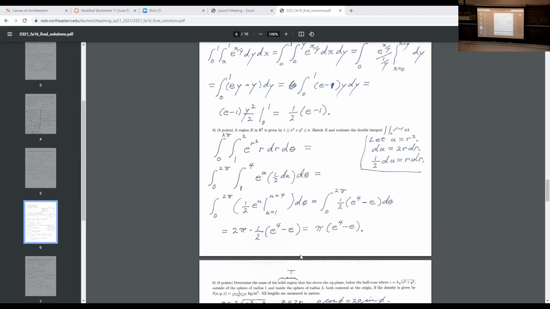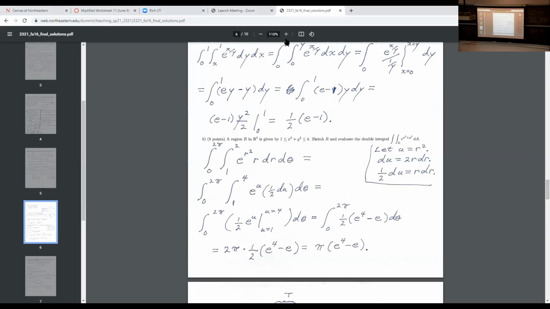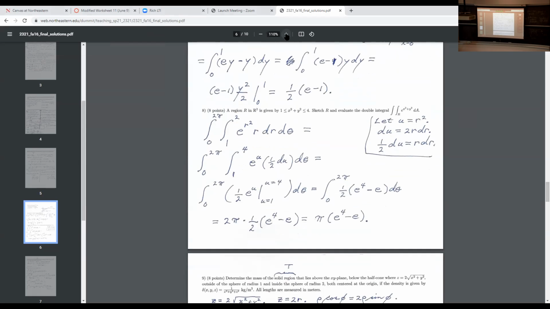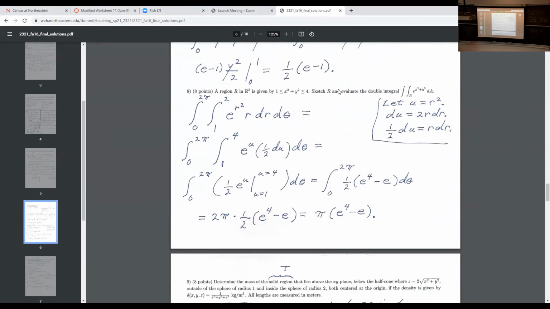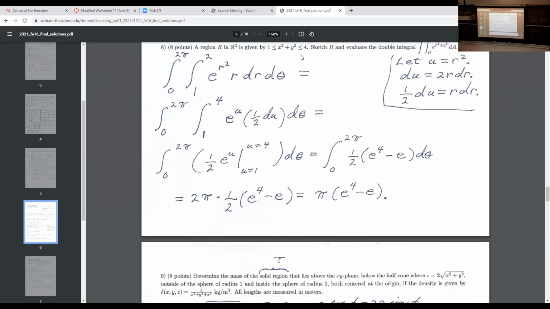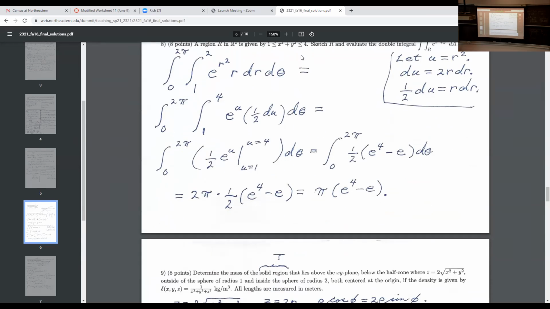Let me zoom in. Is that better? Are we looking at 8 or 9? 8 is kind of too easy. 9. I'm looking at 9. I can't read it either, I'm sorry. I have trouble with eyesight too. Should I zoom it in even more? Sure. Is that better? Thanks. Can people online see it?